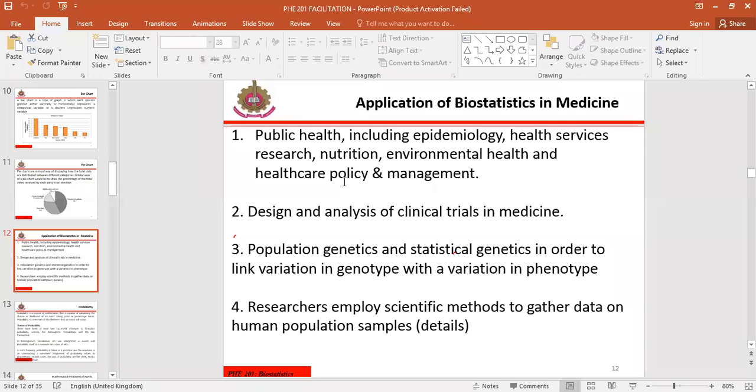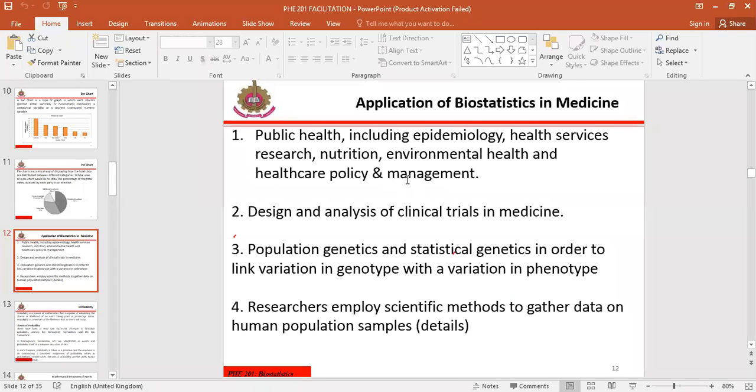evaluation of their activities. What this means is that it is statistics that will inform them of the necessary action to be taken. Take, for instance, in a health institution or health facility, if you discover that there is a particular ailment that people continue bringing to that health facility.